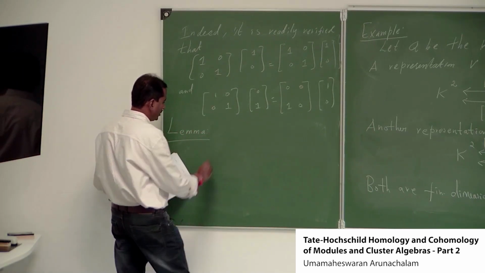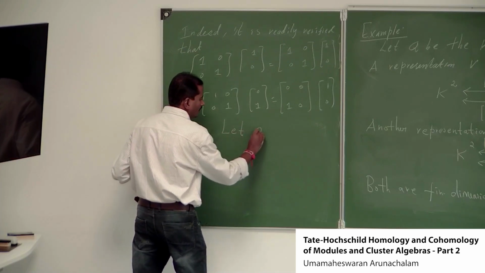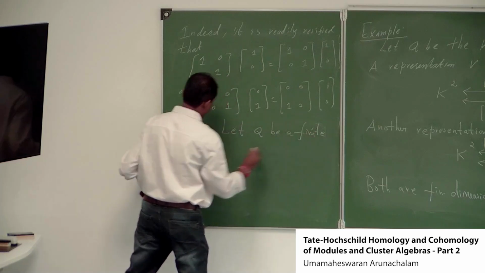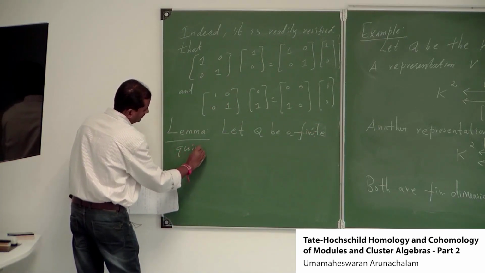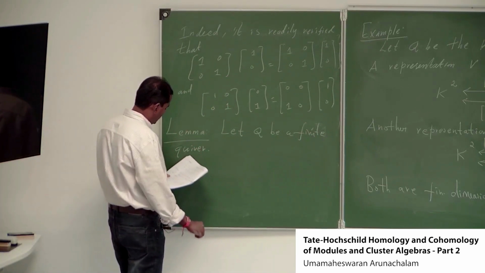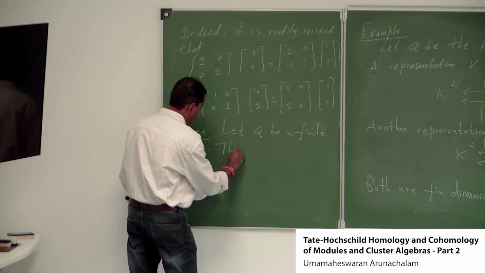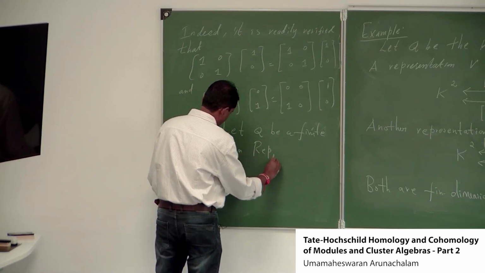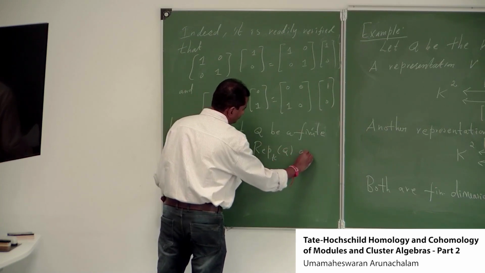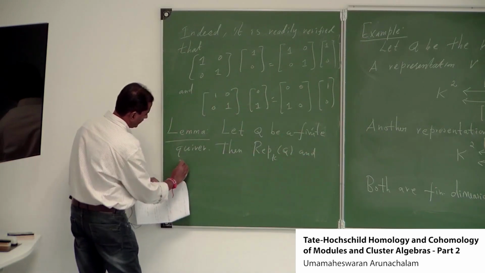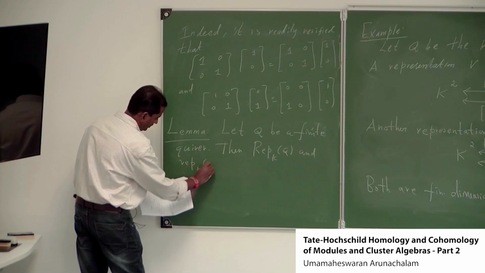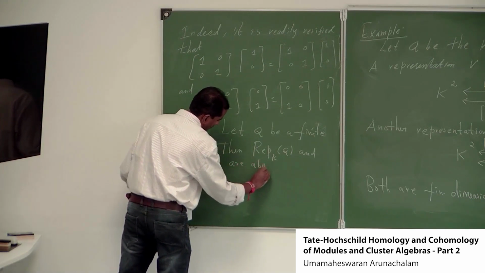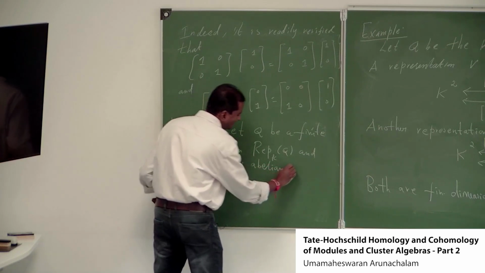Let Q be a finite quiver. Then the categories of representations, Rep K of Q and rep K of Q, are abelian K categories. These two are abelian K categories.